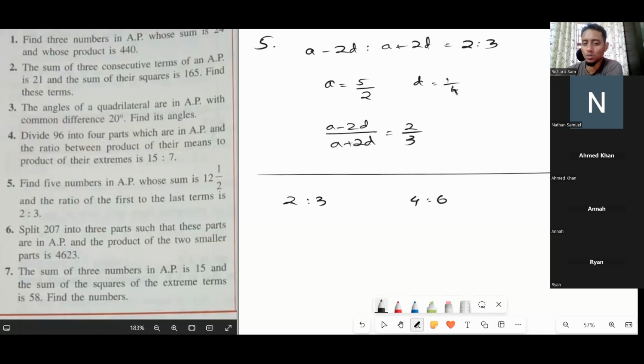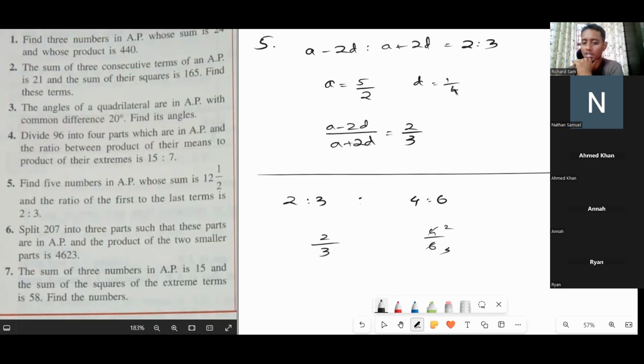Is 2 upon 3 equal to 4 upon 6? Yes, if you cut it, you get 2 upon 3. Since these two ratios are equal, we say these two ratios are in proportion. So 2:3 is proportional to 4:6.